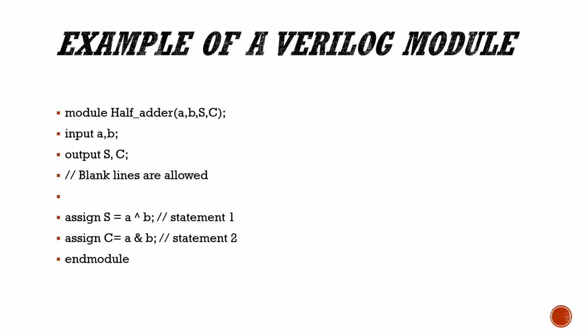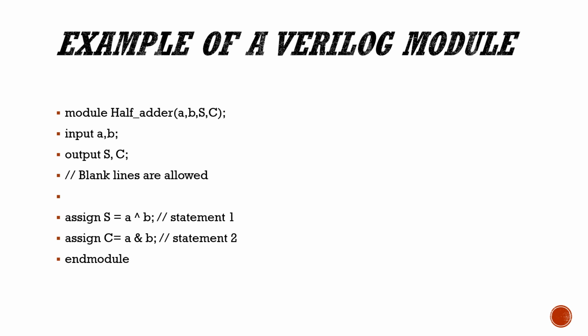As an example, here I have written the Verilog program for a half adder. The module name is half adder, the inputs are A and B, and the outputs are sum and carry. The inputs are defined by the variables A and B, the outputs by the variables S and C. So assign S is equal to A XOR B, assign C is equal to A AND B. These equations are directly written in Verilog.